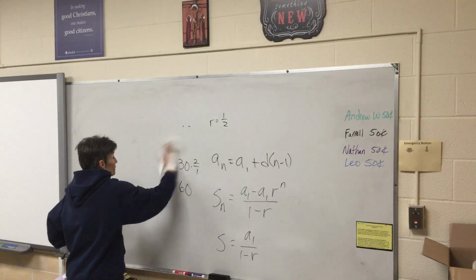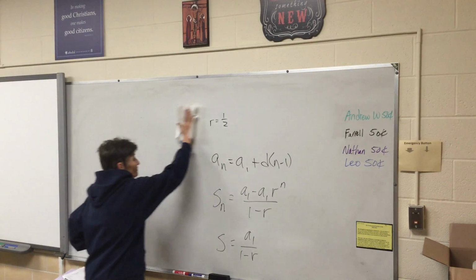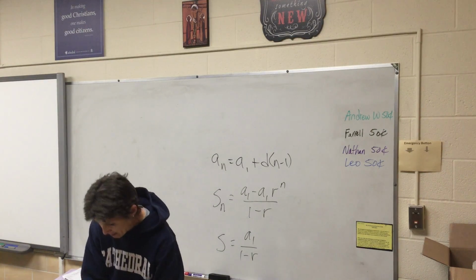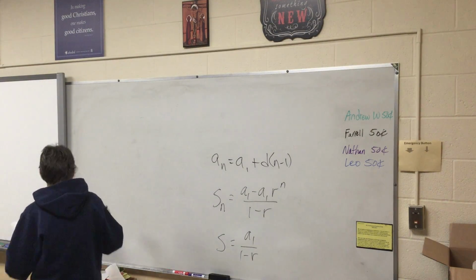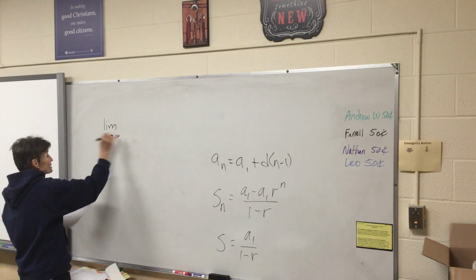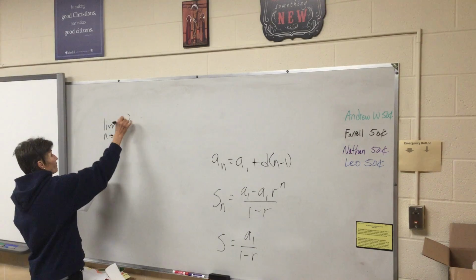All right. Let's do a couple of limit problems now to make sure we have this figured out. So I'll just write some down. We're going to find the limit as n approaches infinity of this.